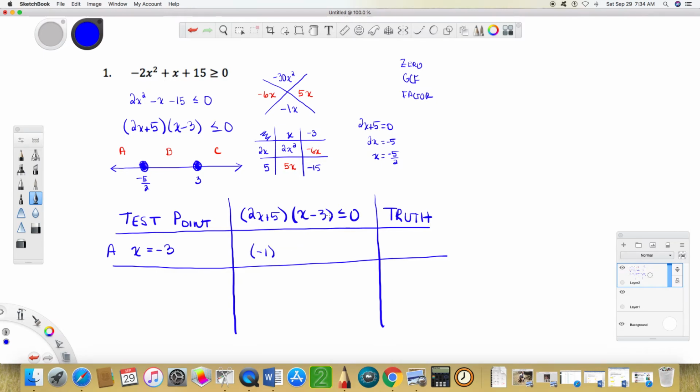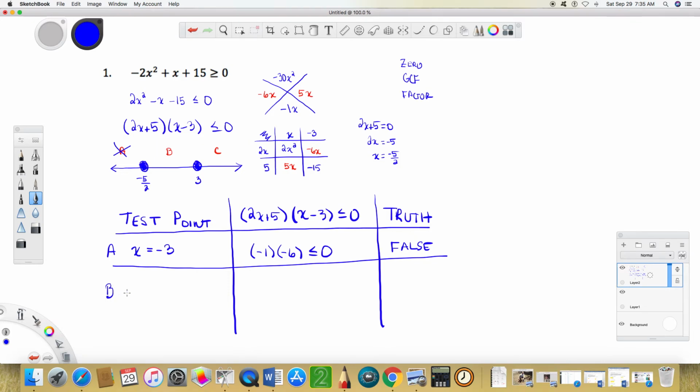Negative 3 minus 3 is a negative 6. And negative times a negative is positive. That 6 is not less than or equal to 0. That's a false statement. So since it's false, I'm not going to accept any point from region A in my solution set.